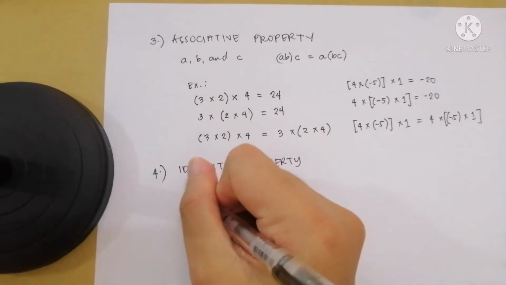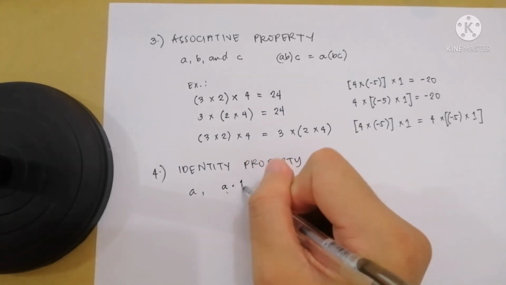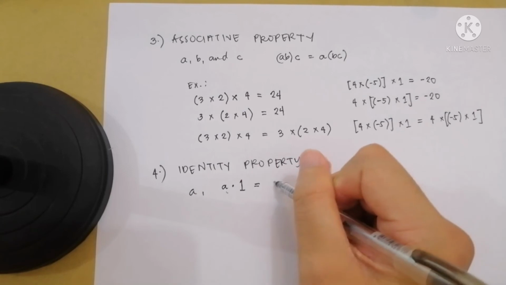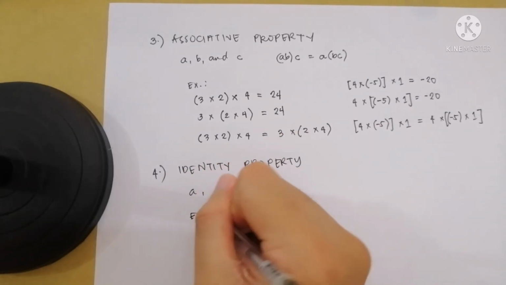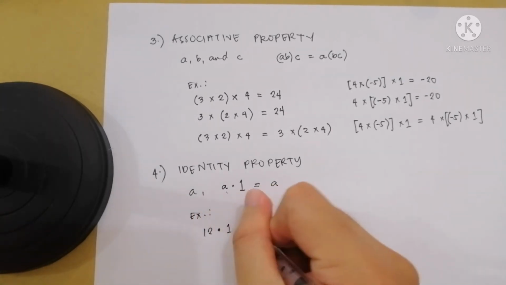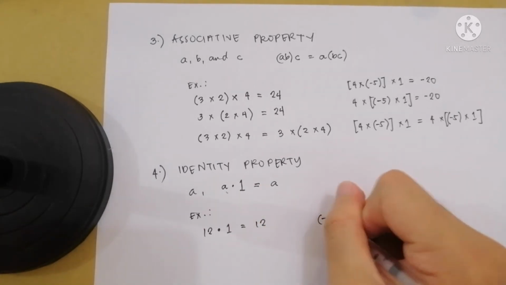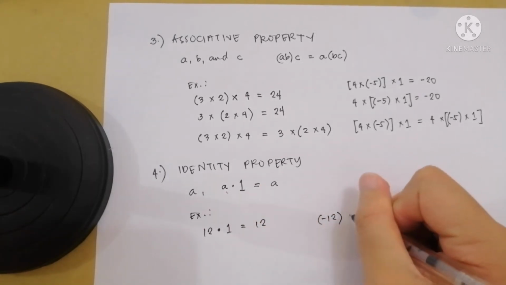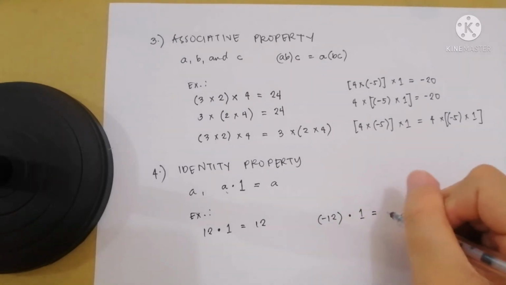So for any integer a, if you're going to multiply a by 1, the answer is itself, which is a. For example, we have 12 times 1 is equal to 12. Another, negative 12 times 1 is equal to negative 12.